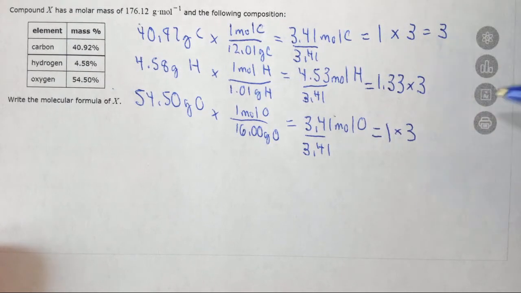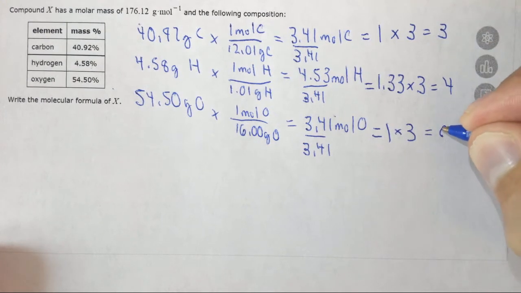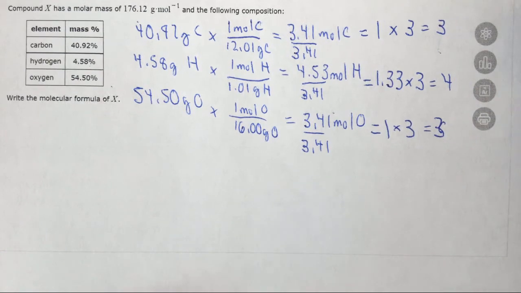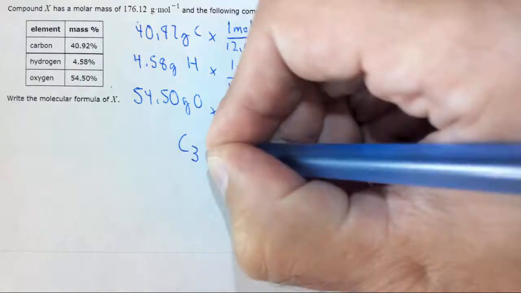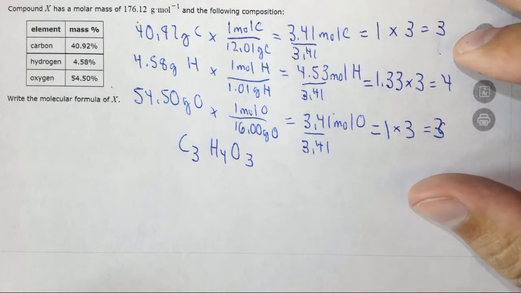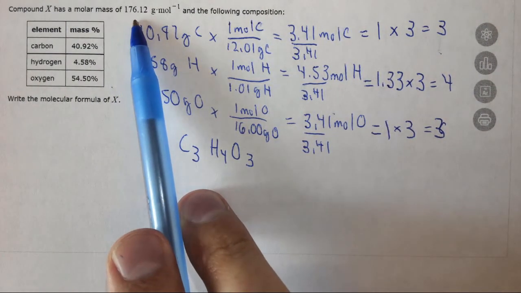So this means we're going to have C3H4O3. So the ratio is 3 to 4 to 3. Now we can write the empirical formula, which I just said is C3H4O3. Now we need to find the molecular formula given the molar mass.